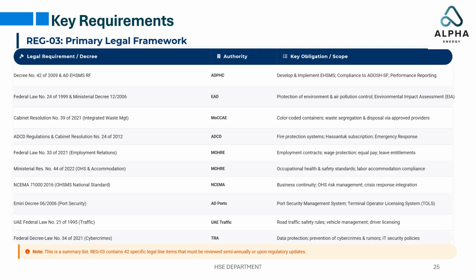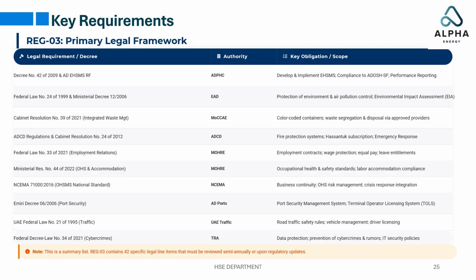Federal Law No. 24 of 1999 and Ministerial Decree December 2006, regulated by the Environment Agency, Abu Dhabi, EAD, focuses on environmental protection, air pollution control, and environmental impact assessment, EIA.